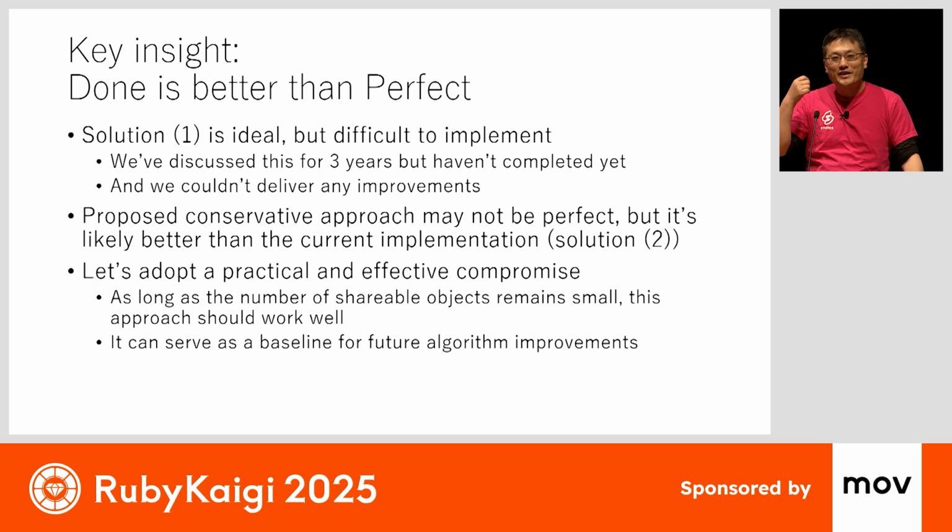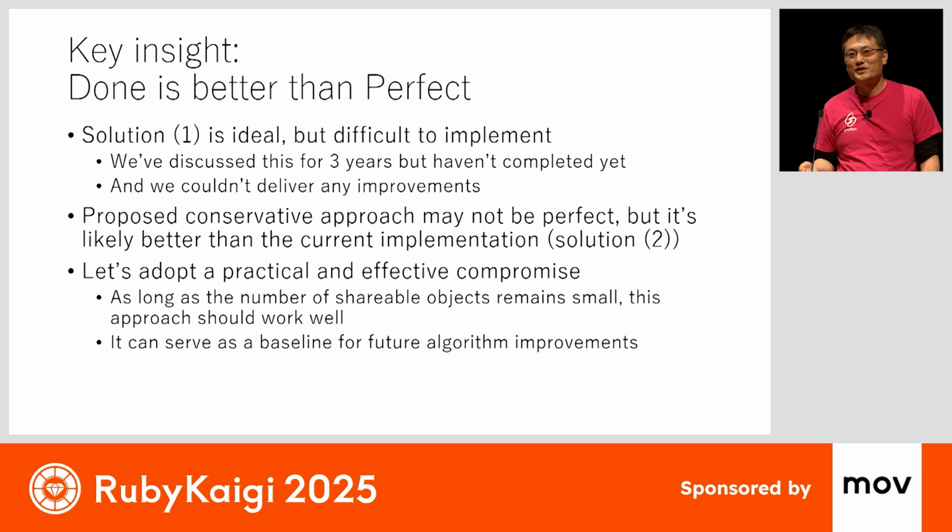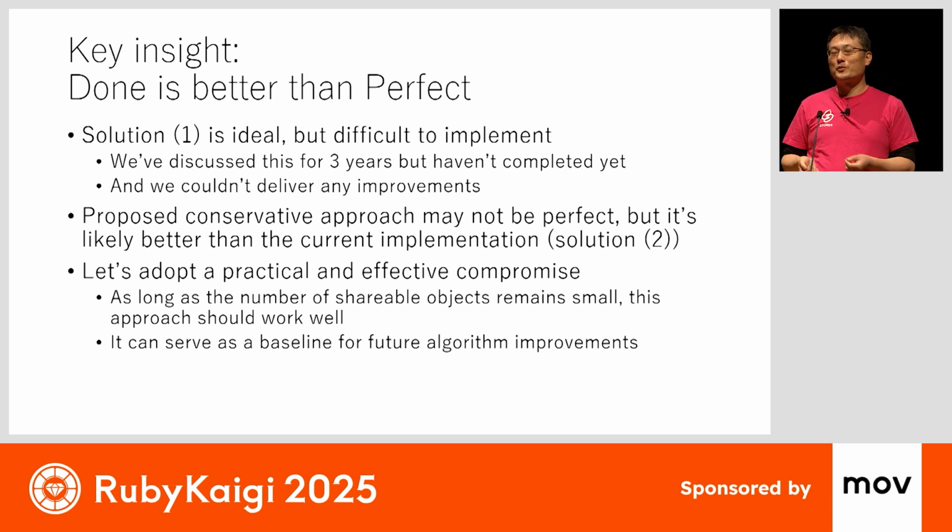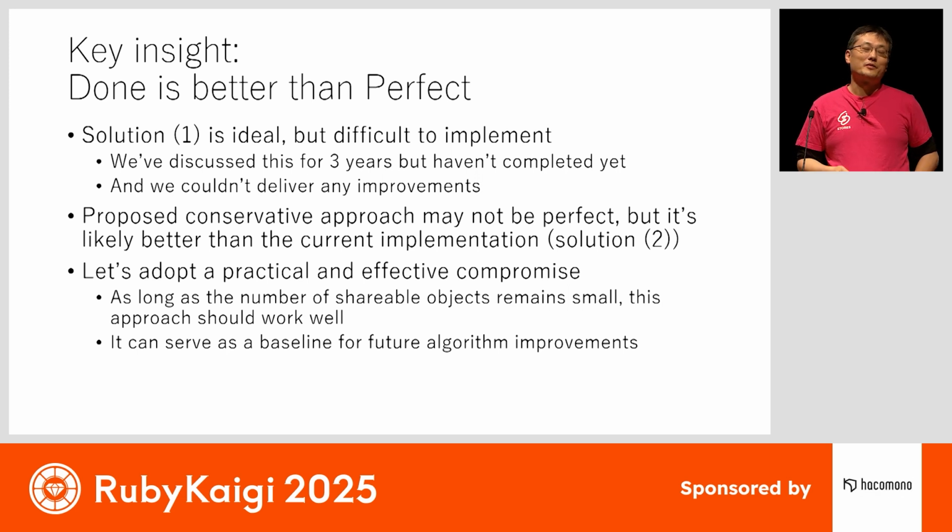We couldn't introduce Ractor local GC because solution one couldn't be completed. We discussed it for several years, but today's proposal is not the best, but it improves the performance. So we need to introduce it fast, and after that we can discuss solution two.